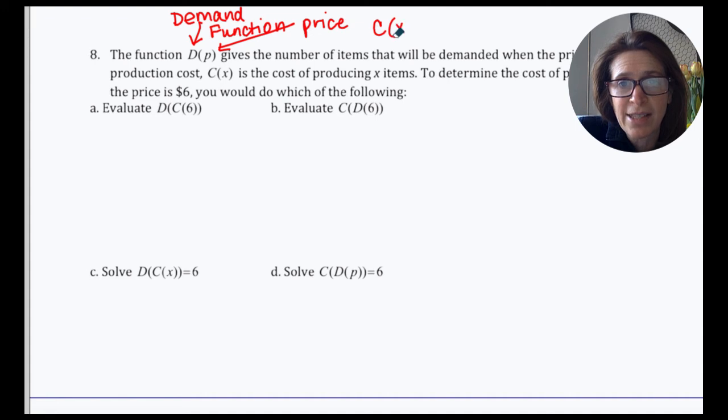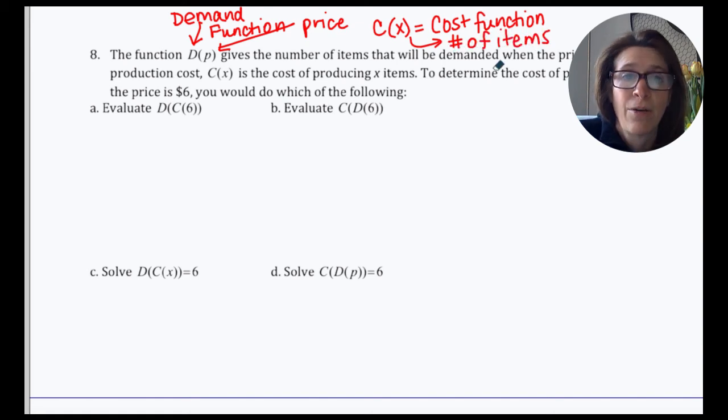So C of x is the cost function. And x is the number of items. Okay, so to determine the cost of production when the price is $6, you would do which of the following?